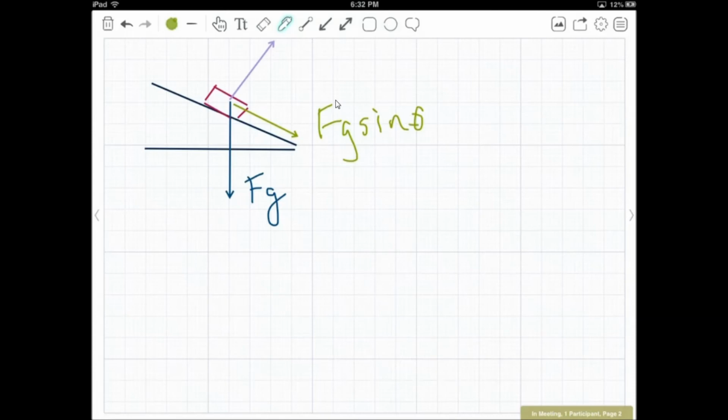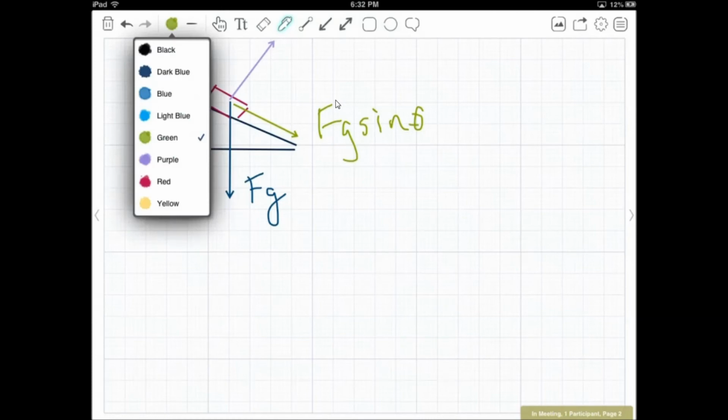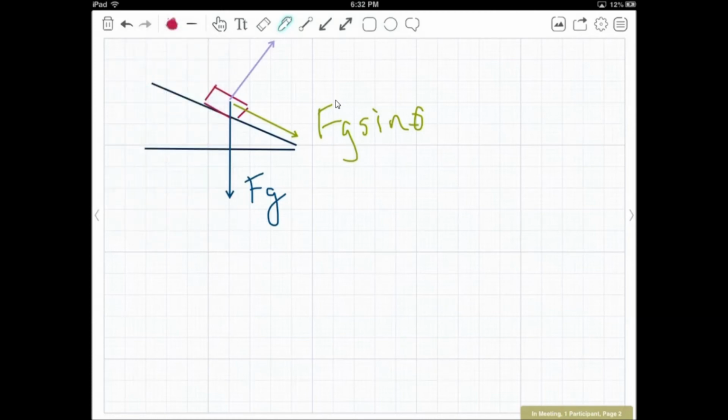And then we would have an opposing force perpendicular to the ramp, and this would be Fg cosine theta. Like I said, you never draw components on a free body diagram on the exam, but it's useful to look at it in this case.